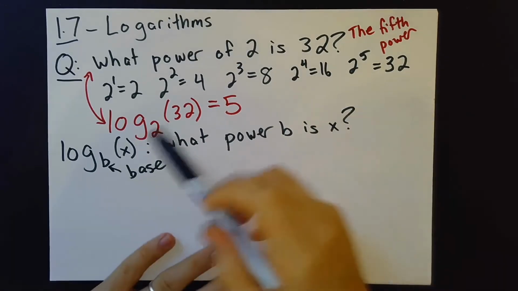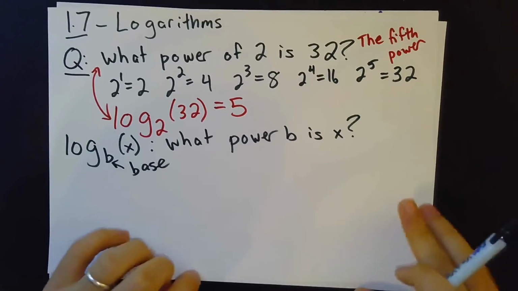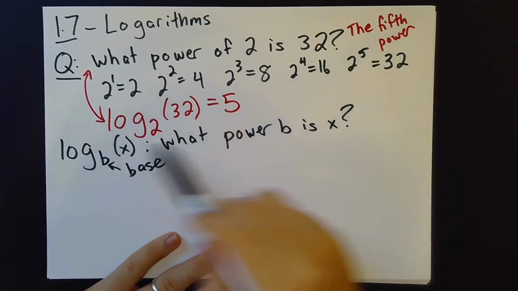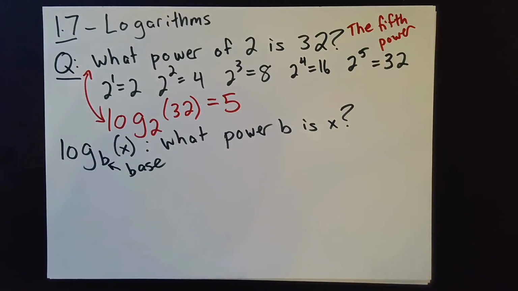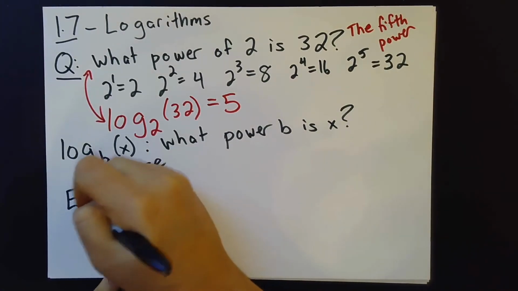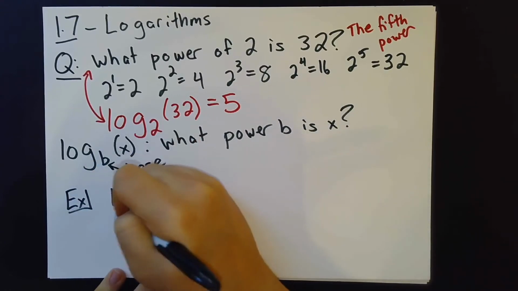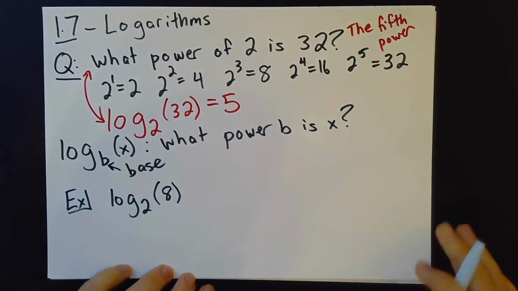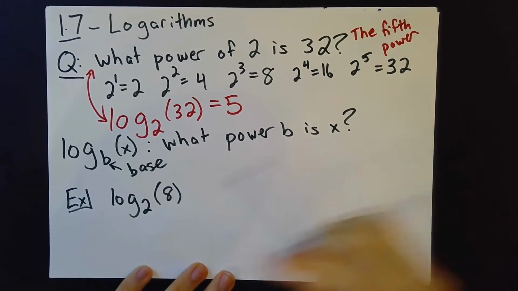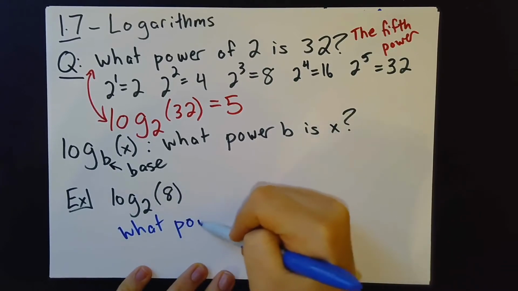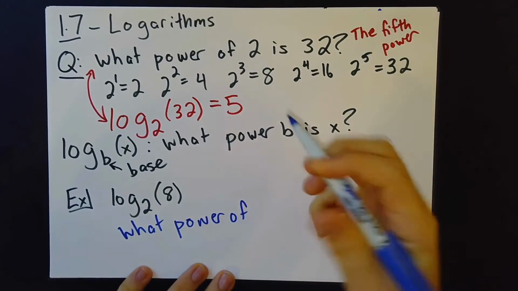Okay, so I want to do a bunch of examples of figuring out logarithms like this one. So let's start with just the log base 2 of 8. So remember, this is asking what power of 2 is 8.